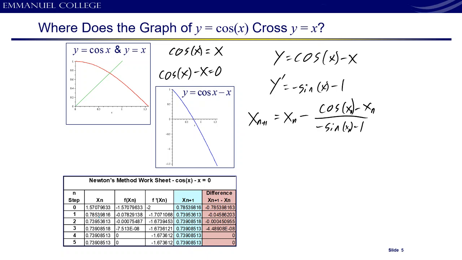When dealing with trig functions, don't use degrees, because 90 minus the cosine of 90, over negative sine of 90 minus 1, those 90s are not going to work properly because you're dealing with 90 degrees. You need to be dealing with radians, so make sure you pick something like pi over 2.